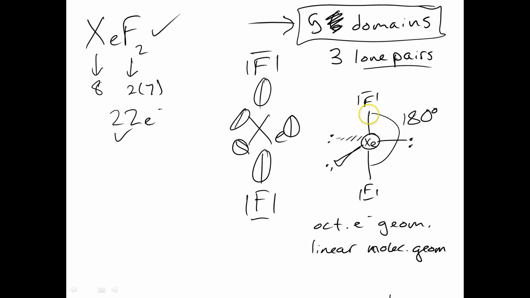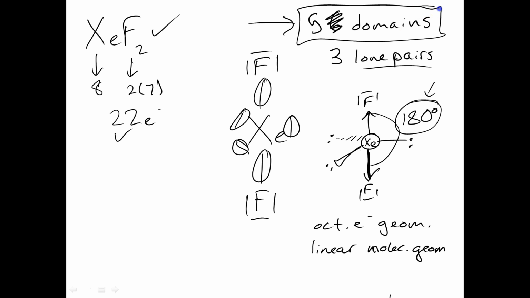For polarity, even though we have a polar bond here pulling towards the F and a polar bond here pulling towards the F, these 2 poles negate each other because they're pulling equally but in opposite directions. So polar bonds, but a non-polar molecule overall.